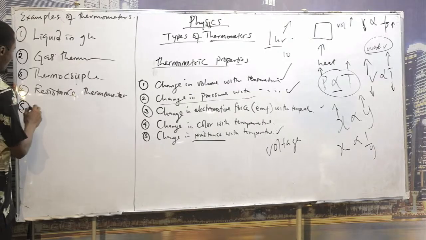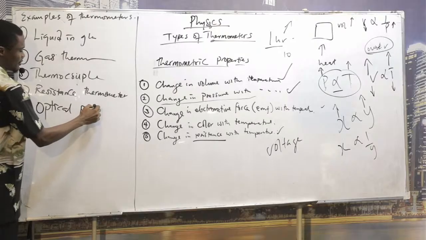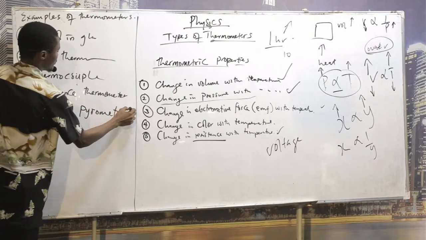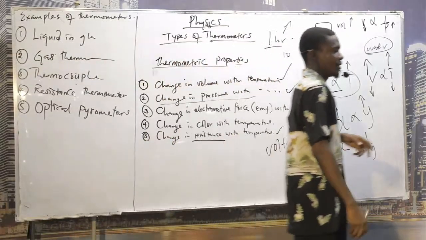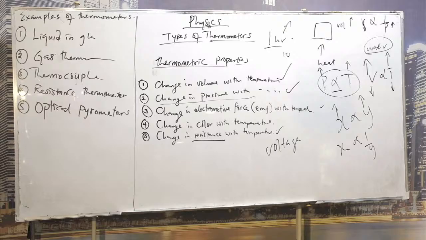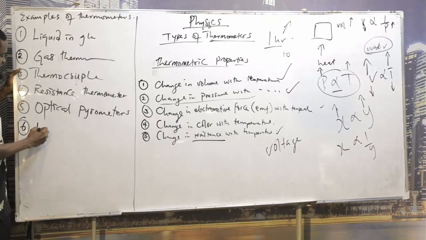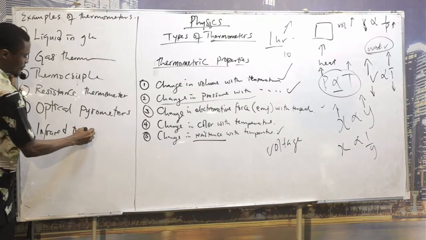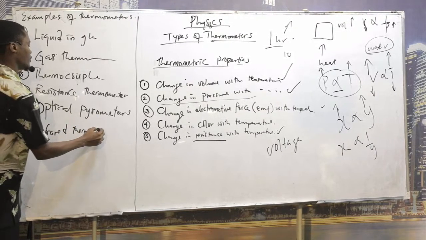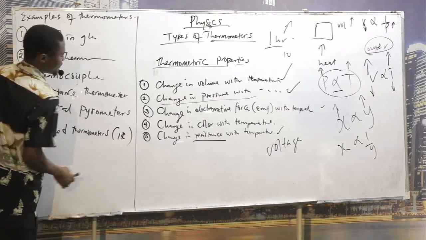Number five, optical pyrometers. Number six, infrared thermometers, in brackets, IR.